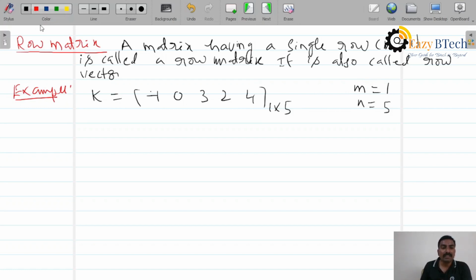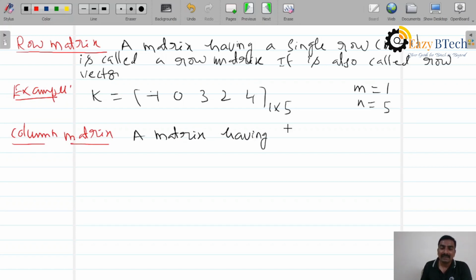Similarly, we can discuss the column matrix. The next definition is the column matrix. A matrix having a single column, that means here n equals 1, is called a column matrix.